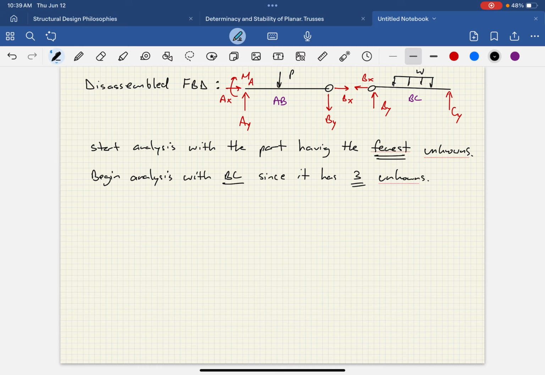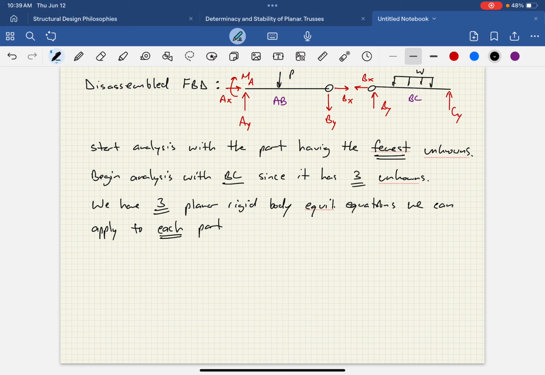And how many equilibrium equations do we have? Well, remember, we have 3 planar rigid body equilibrium equations we can apply to each part.